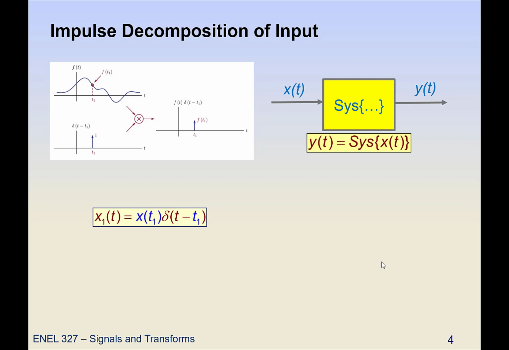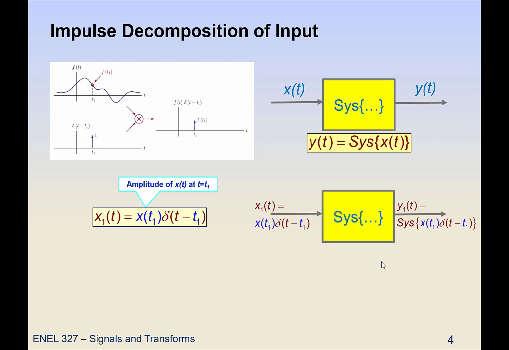That's represented by, for instance, x1 at a shift of t1. So imagine that shifted impulse, which has an amplitude of x at t1, is put into our system. Then we will have a response y1, which we just represent as the system response to this.